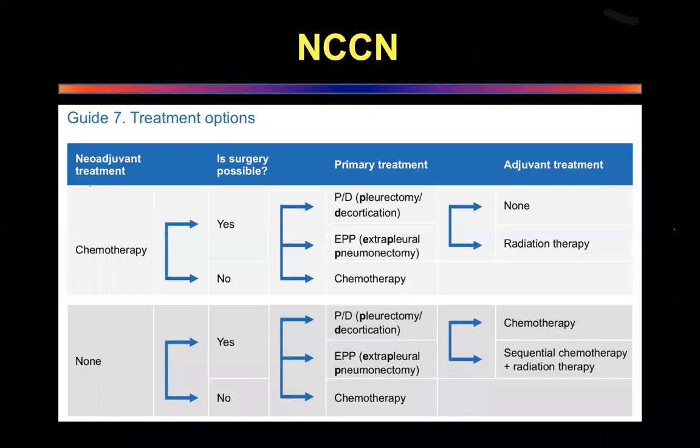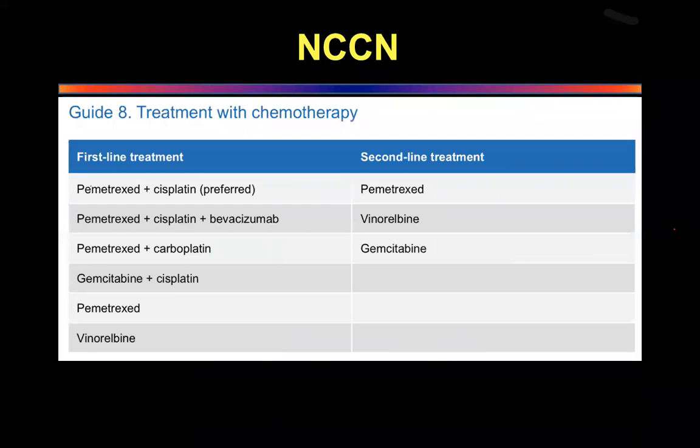Very, very easy, beautiful flashcard, which tells you clearly what you need to do. Okay. And again, here it's talking about cisplatinum and pemetrexed is the preferred one. And then you've got this combination, which is the thing. And then sometimes you take away the cisplatinum and put carboplatin. Okay. Don't remember all of this. Just remember the first 3 and you're winning.